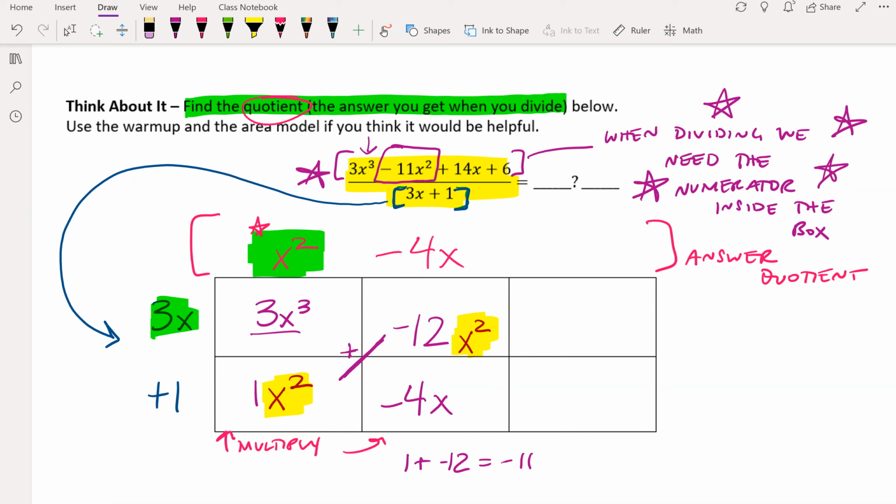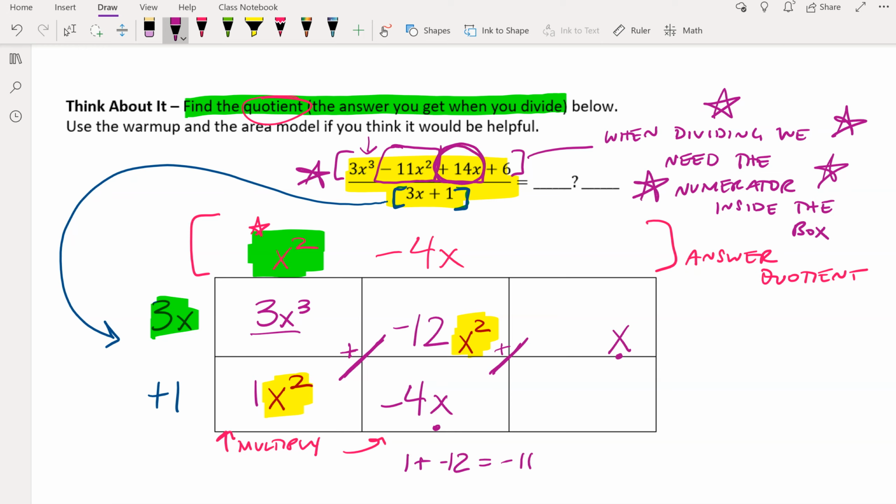Cool. Again, the diagonals have to add. We know that this diagonal has to have an x because it has to have a matching term. And then they have to add to the number of x's we see in the numerator. So let's go back up to the numerator. How many x's do we see?